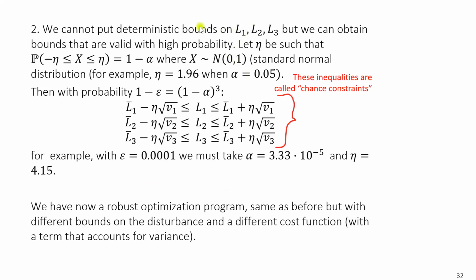Now the constraint, we cannot put deterministic bounds on this case here because the Gaussian random variable has infinite support. But in practice, the loads are not infinite, so the Gaussian distribution is just a model.